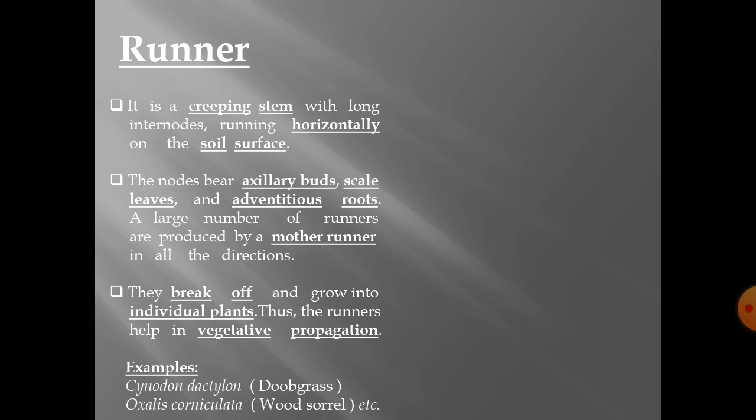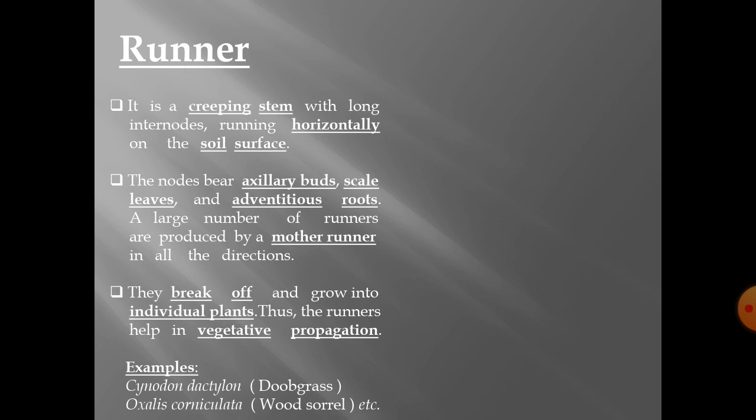Students, you are already informed in lower classes that the node of plants bears leaves, and in the axil of leaves a bud is there which is called an axillary bud. The same is here in the case of the runner. In fact, all that we have to understand at this point is the appearance of the adventitious roots.